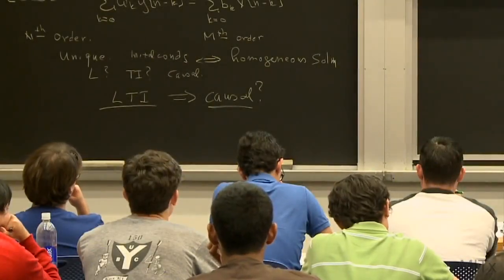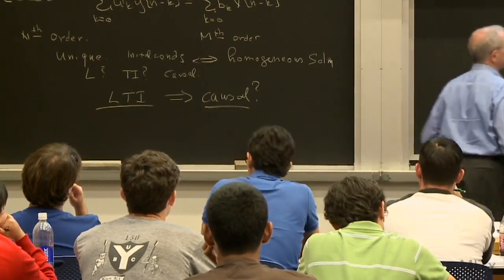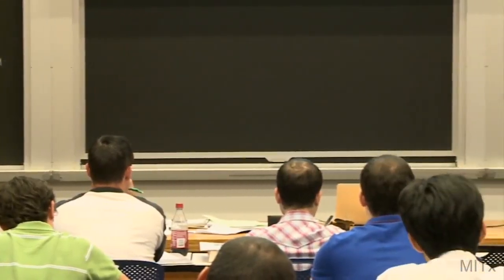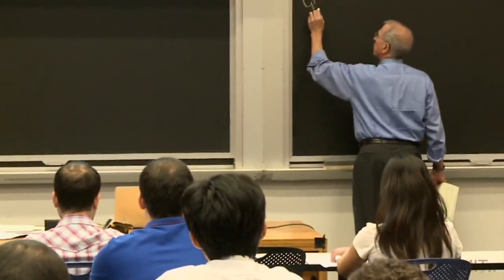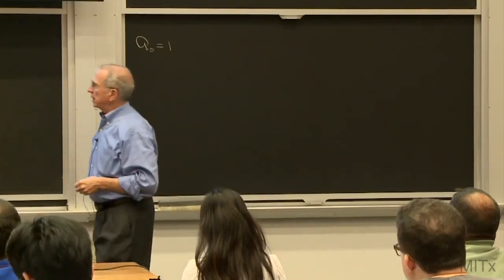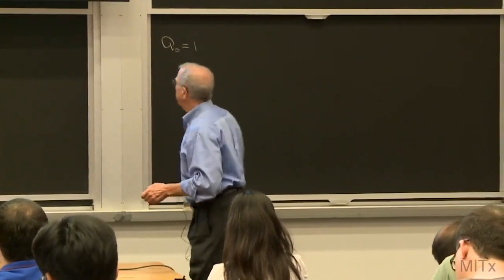Now, something I can do is take that equation, and let's suppose that A0 is equal to 1. It doesn't have to be, but I can divide it out.